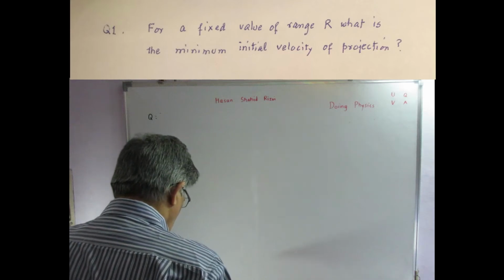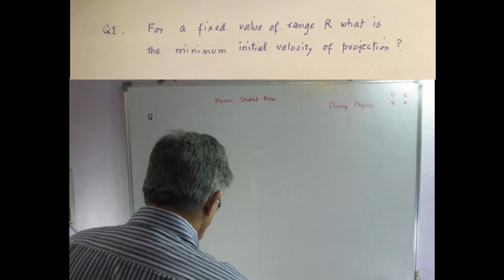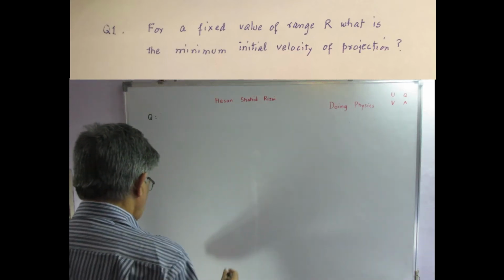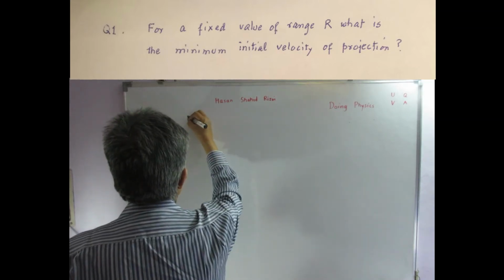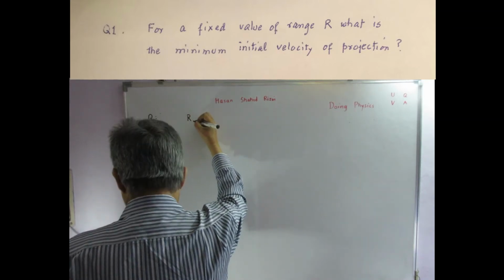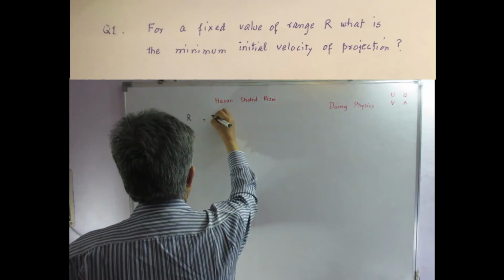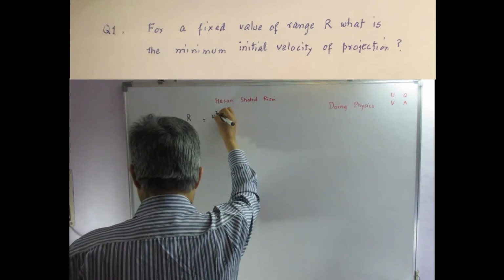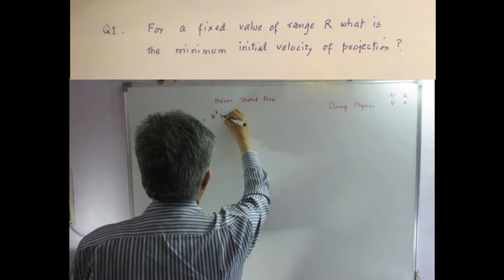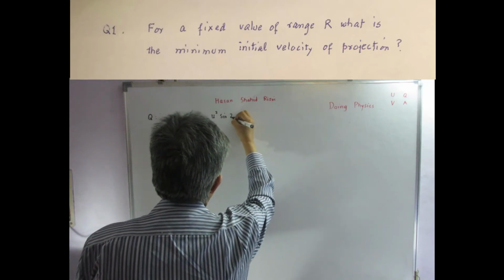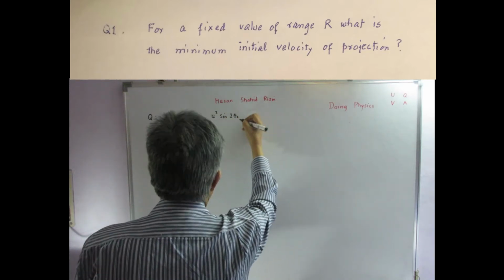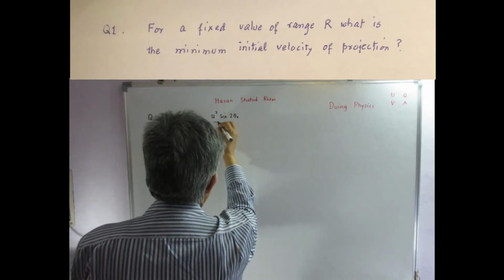Okay, this question is regarding the value of the range, which we know is u square sine of 2 theta 0 divided by g.